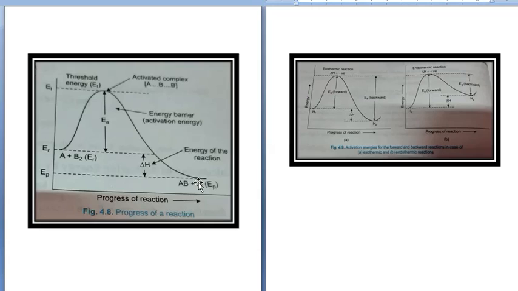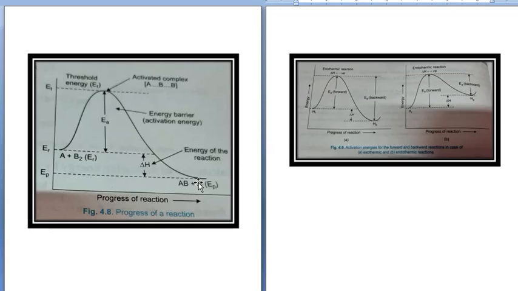Now for a reversible reaction, the activation energies are different for forward and backward reaction. We feel that they are similar, but it is not the same. Activation energy for forward reaction is different from activation energy for backward reaction. You can see this for exothermic and endothermic reactions through these graphs.